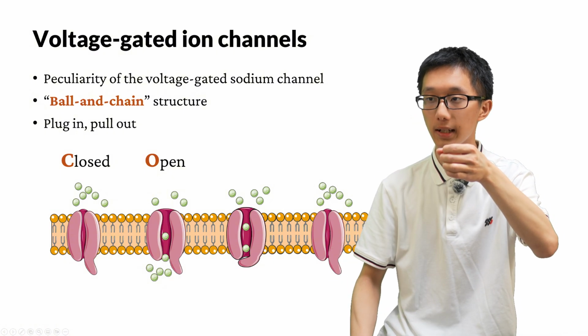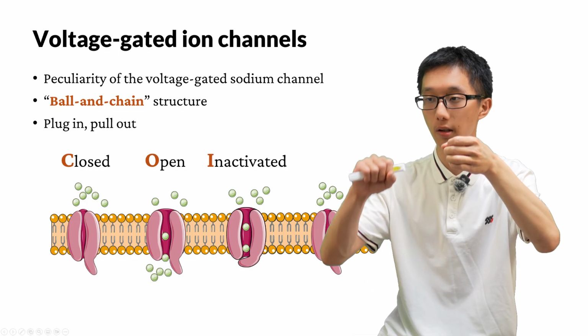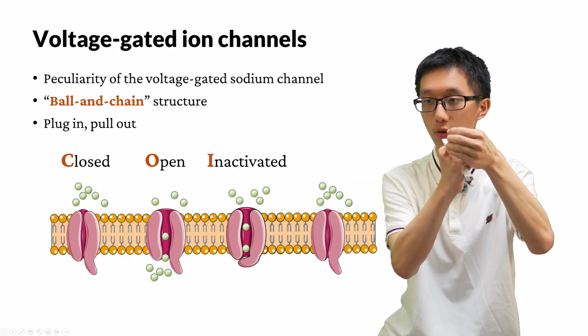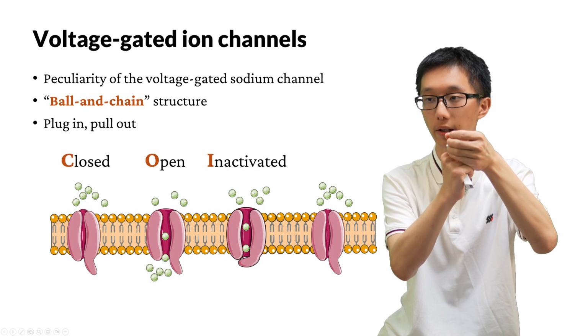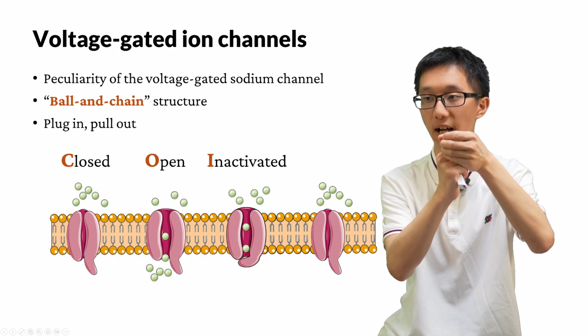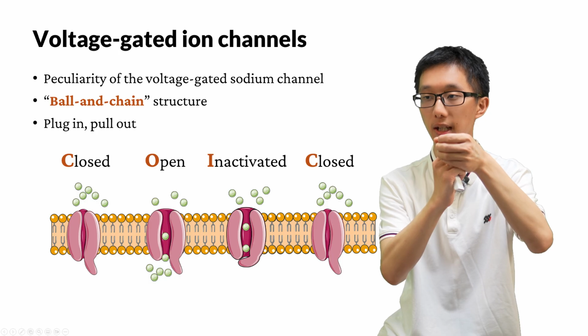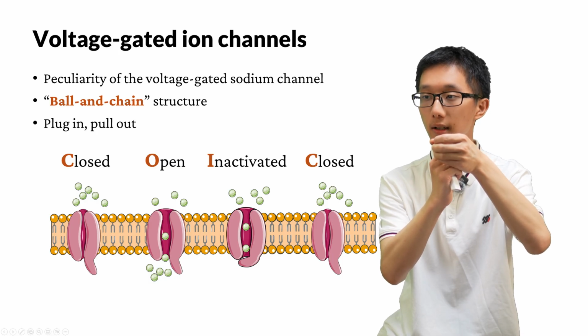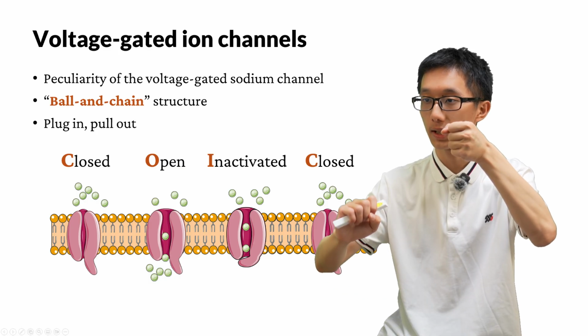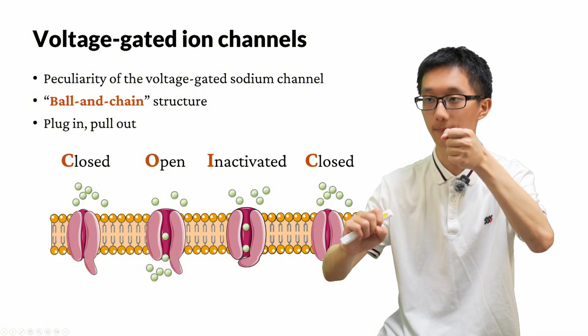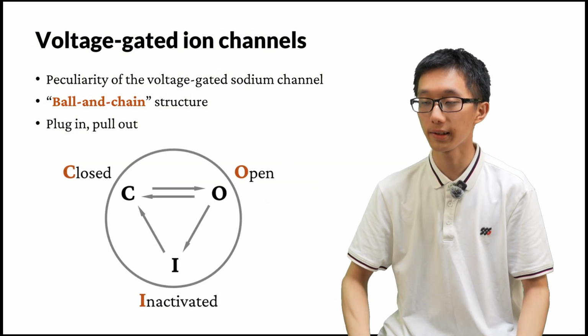The third state is the inactivated state, where the ball is plugged into the open ion channel, thus blocking the flow of ions. And lastly, the protein returns to the closed state, where the ball flows down and the ion channel again closes. We will represent this by this circle diagram.